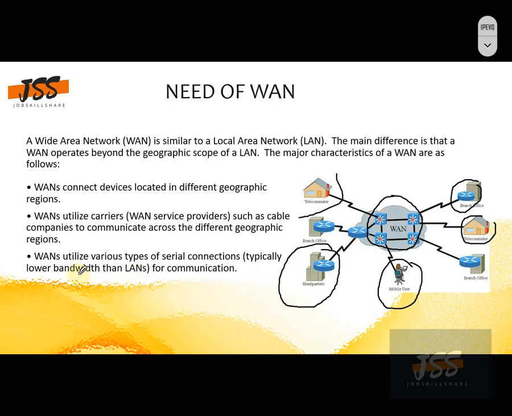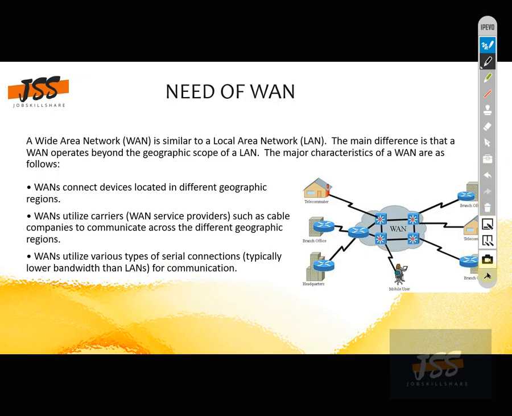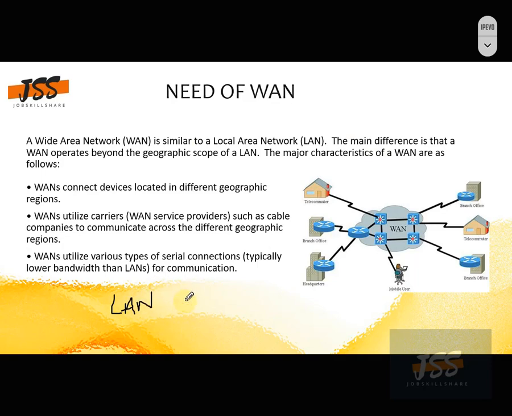WAN utilizes various types of serial connections, typically lower bandwidth than LAN. We know from our experience, LAN works at what bandwidth? Initially it was 10, then 100, then 1000, and now we have 10 gig as well. But as opposed to LAN, WAN typically has a much slower bandwidth.